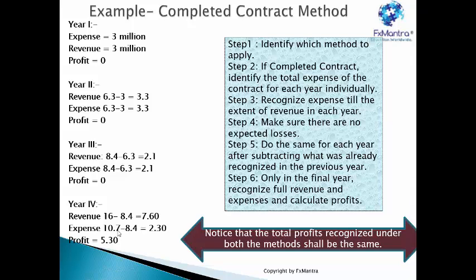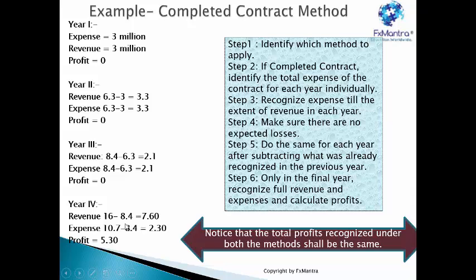Because in the final year, now I'm quite certain that the project is complete and I'm not in a position of a loss. So till the final year, you have already recognized 3 plus 3.3 plus 2.1. That means $8.4 million of revenue and expense each. So the balance of revenue and expense you can find out, and accordingly you will have a profit of $5.3 million.